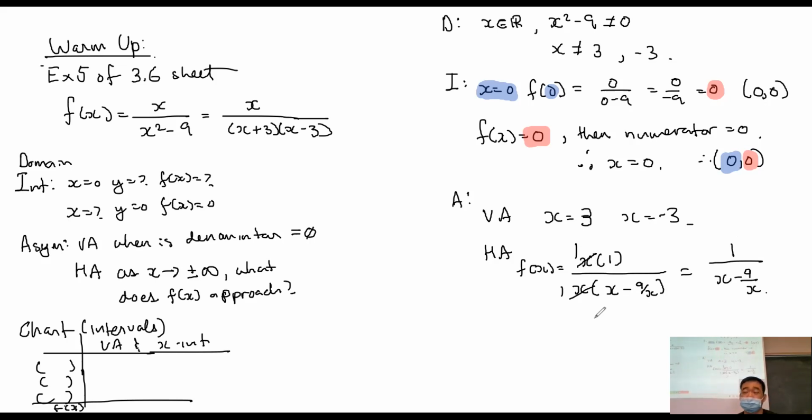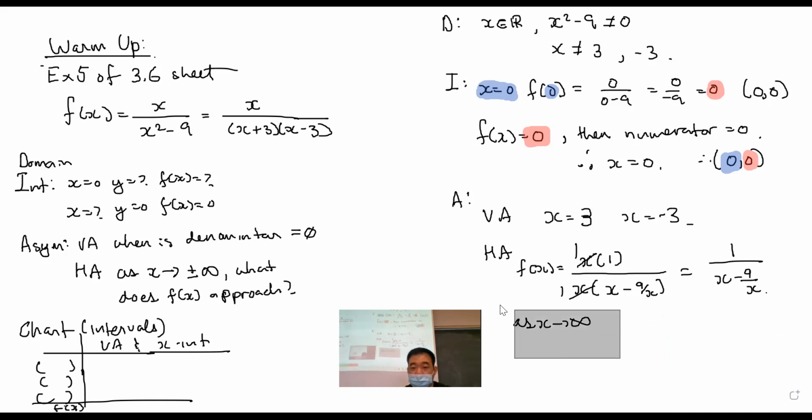Now we can plug in infinity if we want to. As x approaches positive infinity, you know what? I'm going to do the positive infinity on the right side because my eyes naturally go to the right because the infinity is on the right side, right?